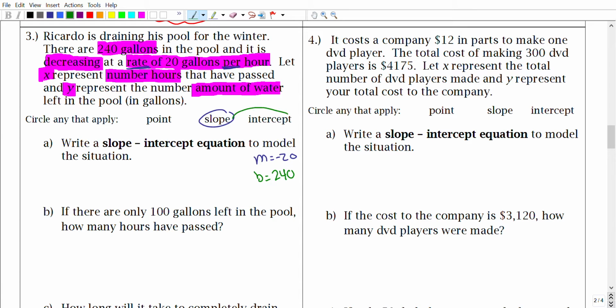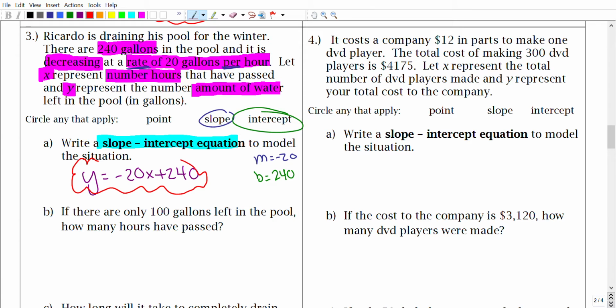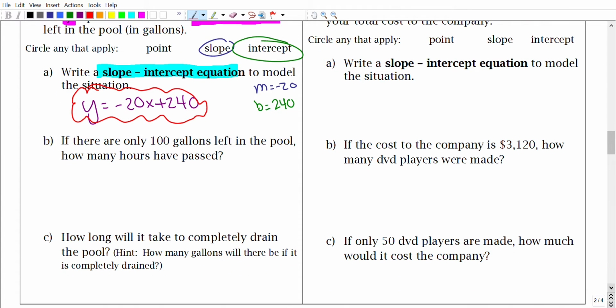We were given a slope and an intercept, which is kind of nice because that's exactly what they're asking us to write here. So let's go ahead and write it. We have y equals negative 20x plus 240. So we have our linear model now. Let's go ahead and use it to answer the rest of these questions.